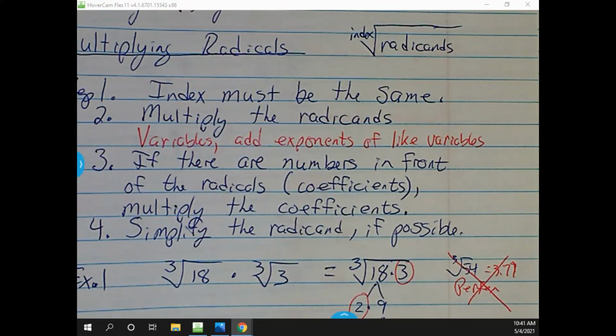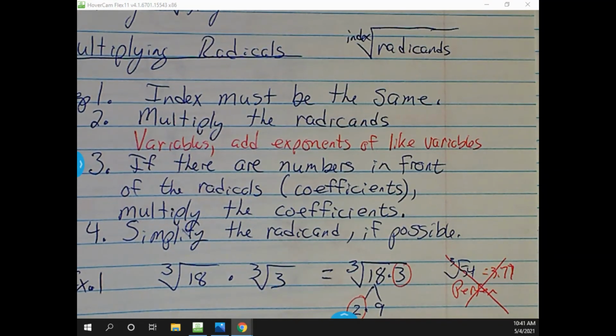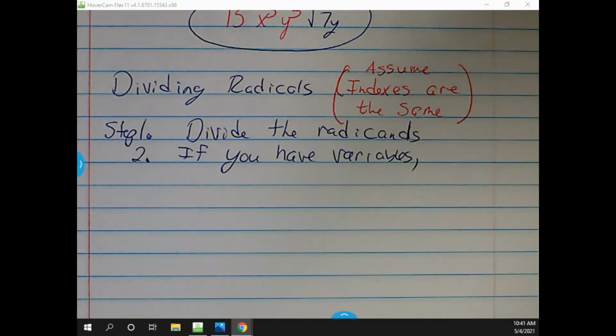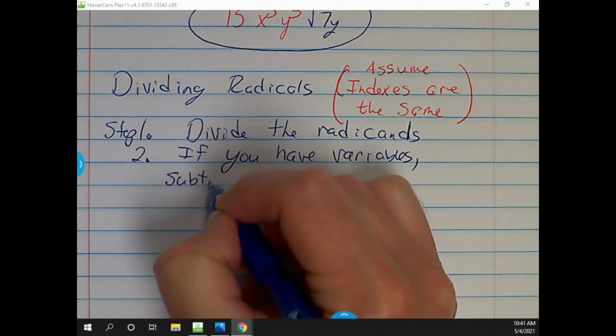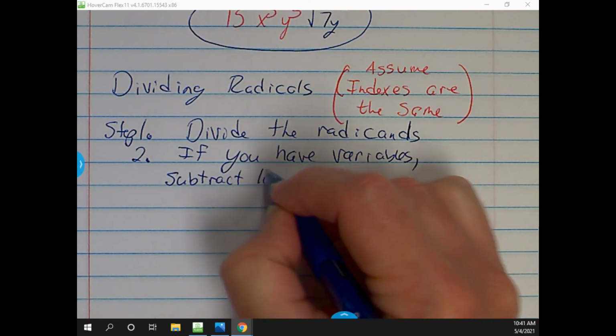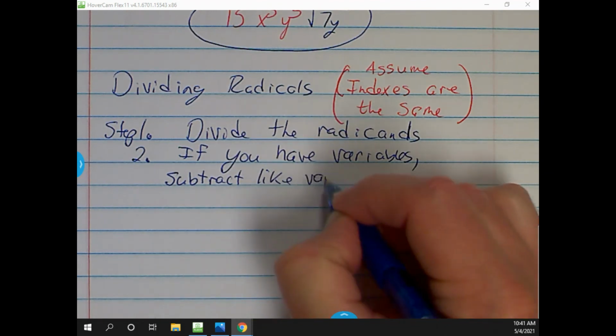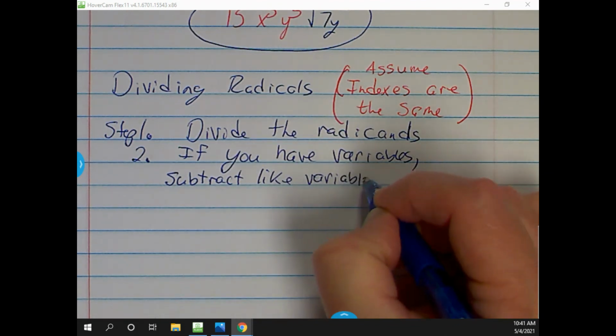When we're multiplying, we added the exponents of the variables together. With division, you're going to subtract the exponents. So we'll say subtract like variable exponents.